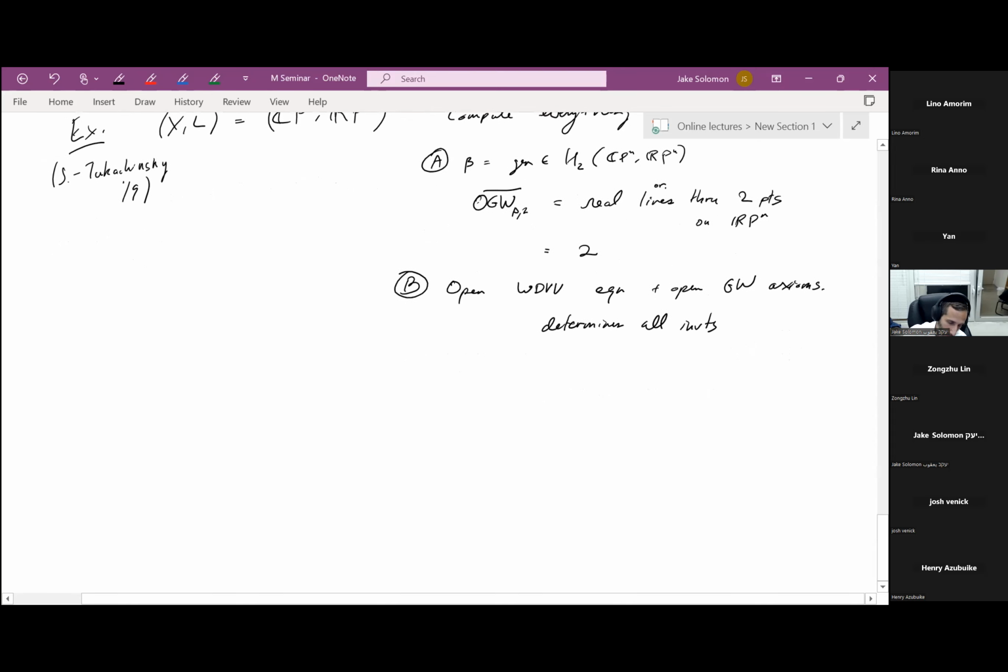And the example I want to talk about today is specifically, here B is an anti-symplectic involution, which is given by complex conjugation.